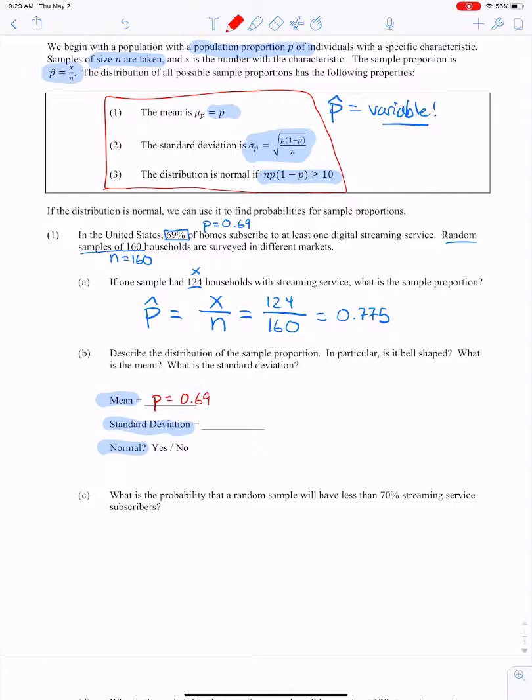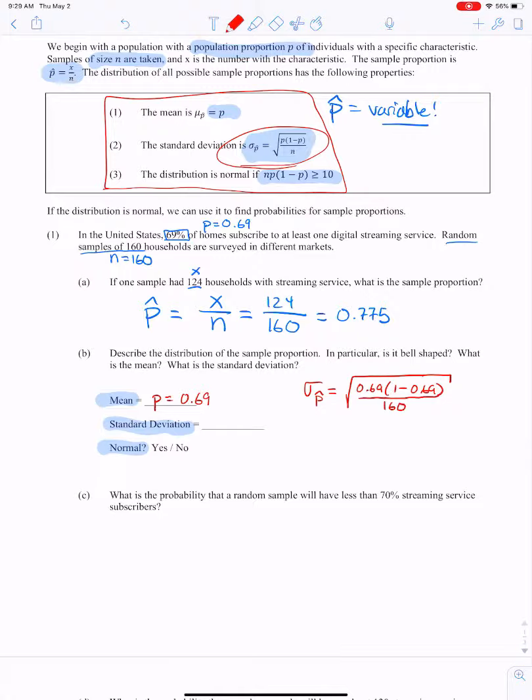The standard deviation, that's this dude right there, that needs some work. So the standard deviation for the p hat distribution is the square root of 0.69, that was p, times 1 minus 0.69 divided by the sample size, which was 160. Now all of this stuff goes under the square root.